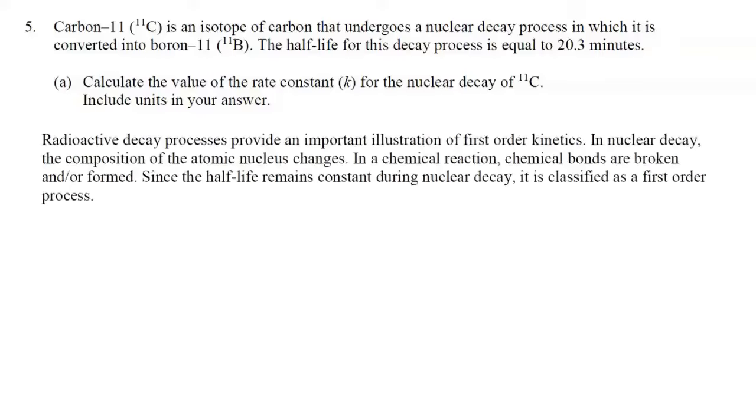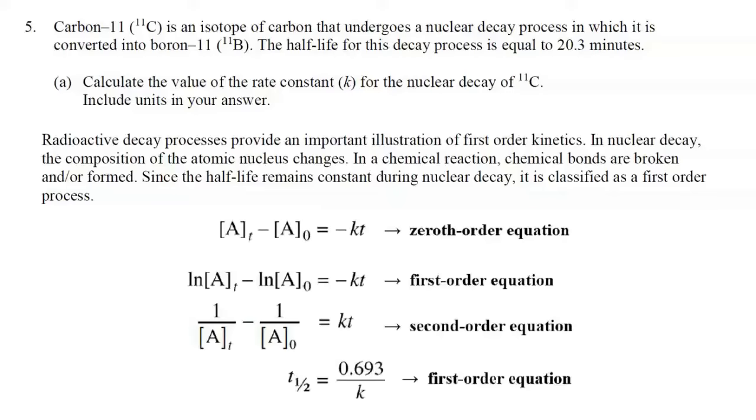Remember that radioactive decay processes provide an important illustration of first-order kinetics. In nuclear decay, the composition of the atomic nucleus changes. In a chemical reaction, chemical bonds are broken and/or formed, but since the half-life remains constant during nuclear decay, it is classified as a first-order process.